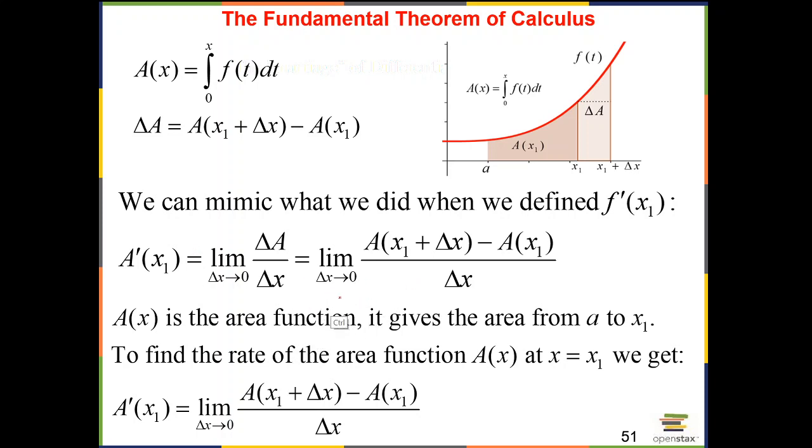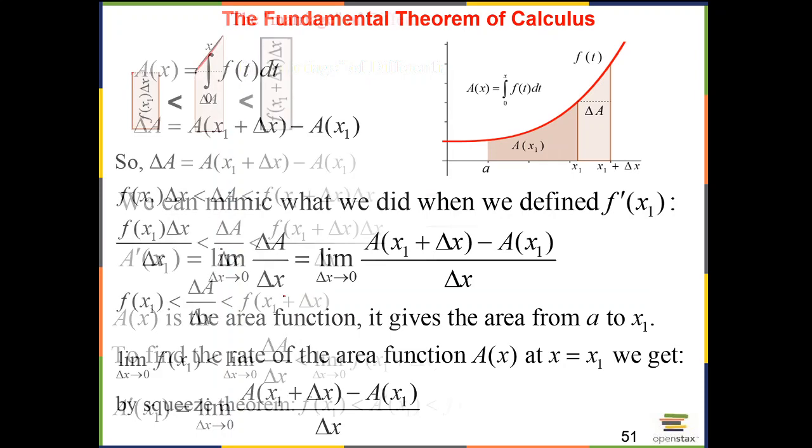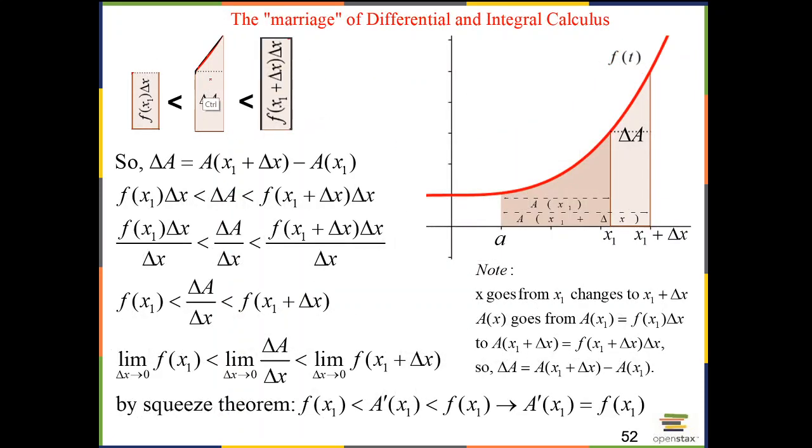So first of all, we are going to set it up this way. We say delta A is this trapezoidal kind of area right here, right? That's delta A. Delta A is between this area of this big rectangle right about here, so it's that one right there. That's that.